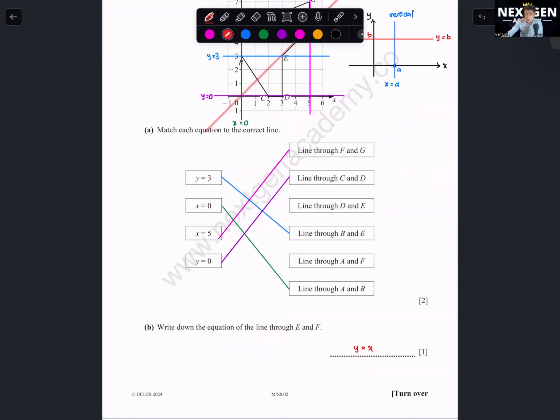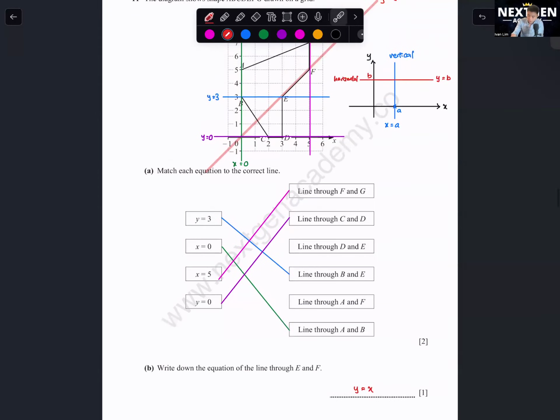That's the equation. Why does it mean y equals to x? Because you see, when x is 1, y is 1. This point. When x is 2, y is 2. When x is 3, y is 3. When x is 4, y is 4.